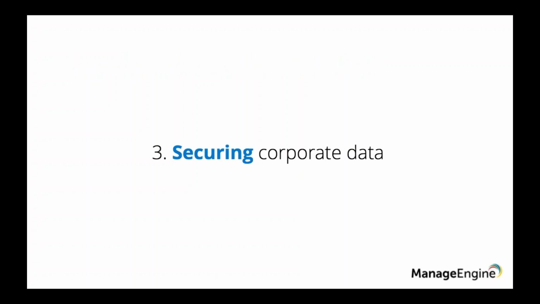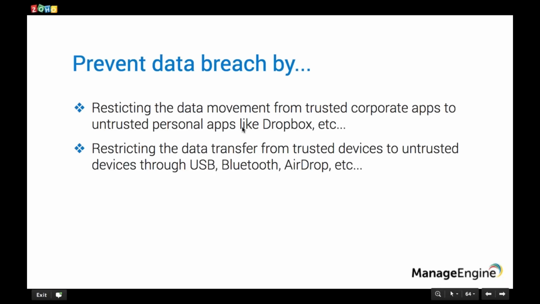The next thing we will be dealing with is to secure the corporate data that is present in my devices. Now that we have provisioned our devices for the users and distributed them, they will have access to corporate data. So we need to ensure that the data in our devices is secure and does not lead to any data breach.